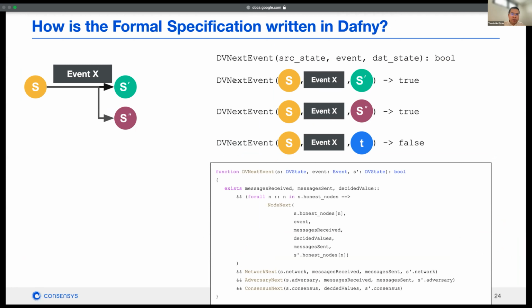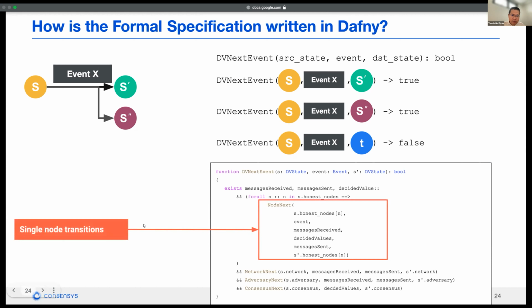And we can move to state S prime from state S because in this function, dv next event S, event X, S prime is evaluated as true. However, we cannot move to state T because its evaluation is false.